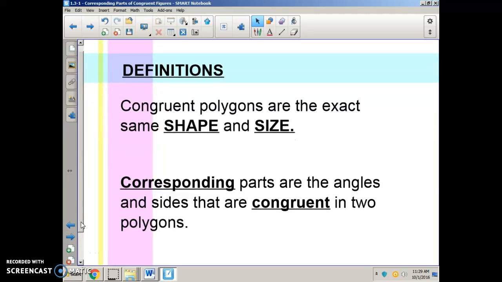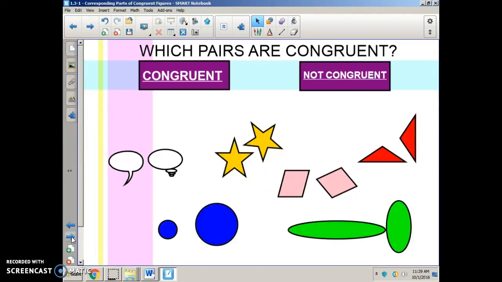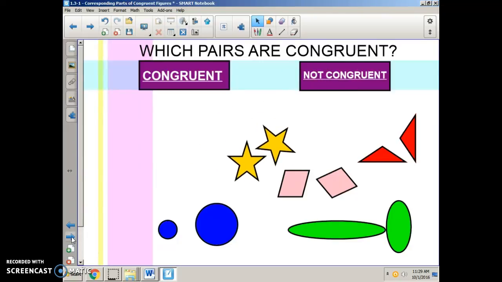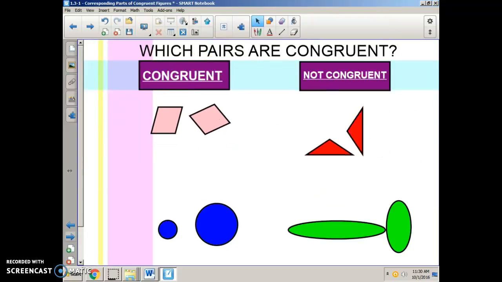Alright, so here we've got some different examples of things that are congruent and things that are not congruent. For example, these two right here, different shapes, not congruent. These two stars, same exact shape, same size, they are congruent. Same thing with these rhombi and triangles.